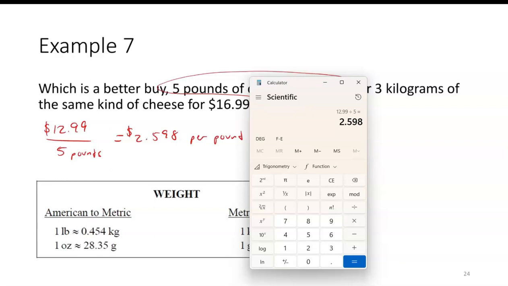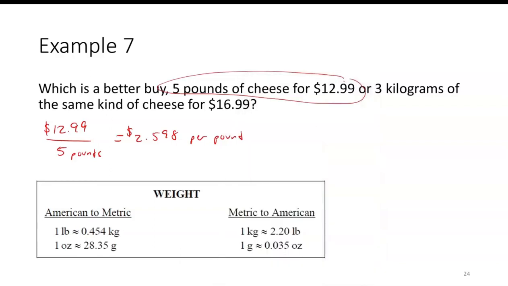Okay. That's the first one. Now, what we need to do is convert the second one to be the same units. So what I know is that I have $16.99 for 3 kilograms. And you take your pick. Generally, it's best to put the nastier numbers on top.